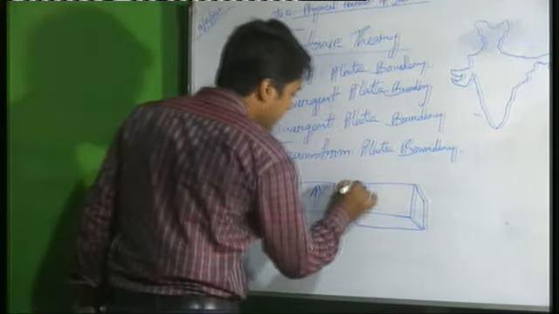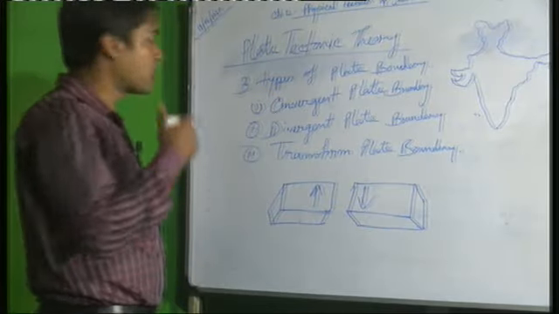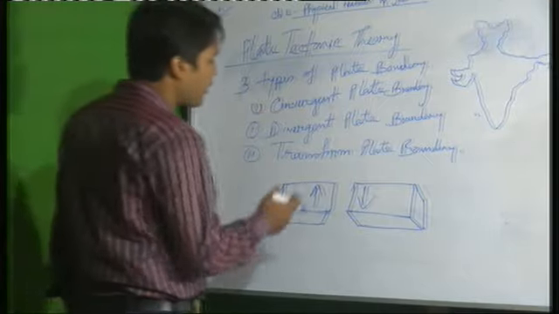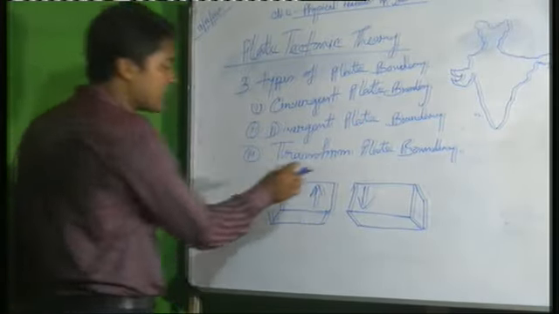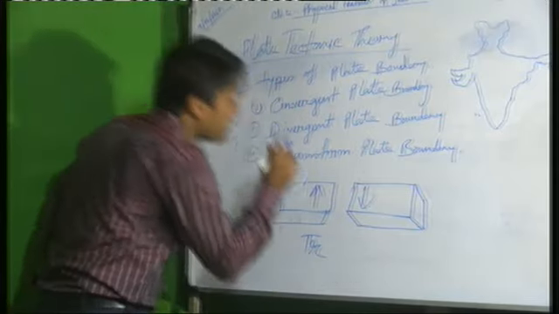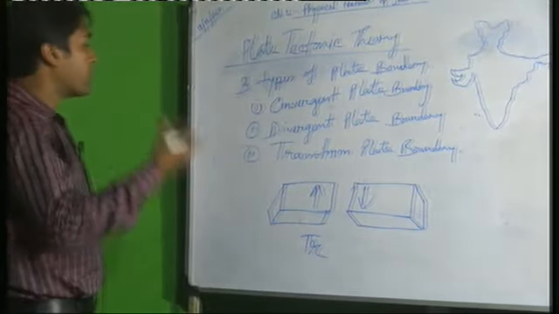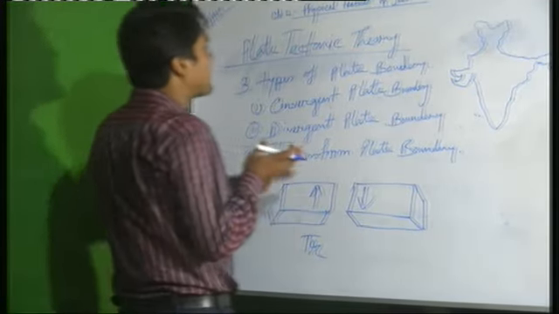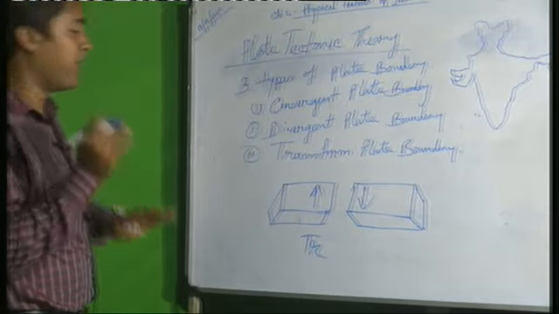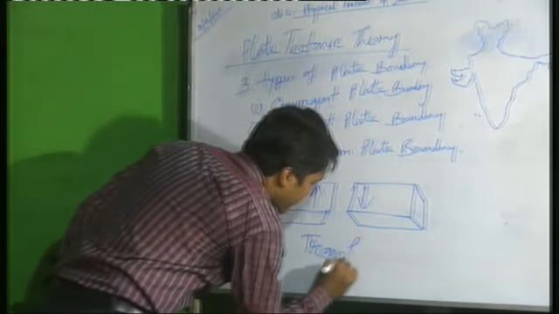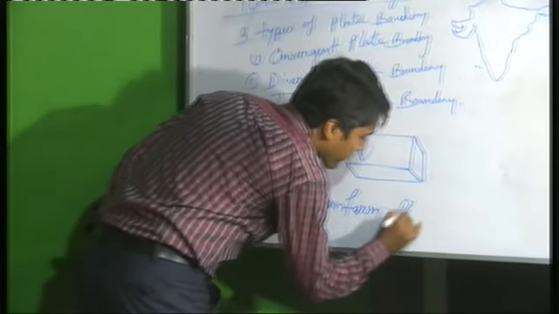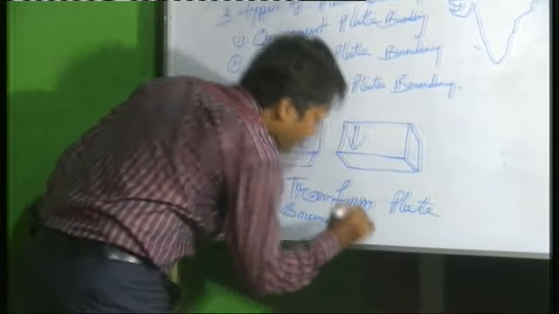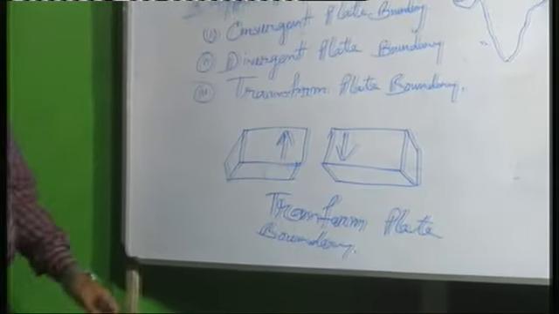Due to that, there is no collision. Constructive and destructive evidence will not be found at this plate boundary. It is a totally neutral plate boundary. No collision occurs because the two plates are just sliding past each other. That's why it is called a transform plate boundary.